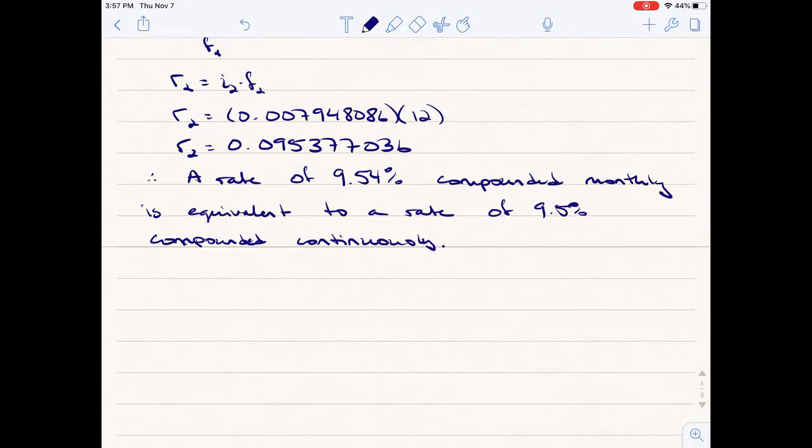So just kind of working with moving between different compounding frequencies, right? But like I said, the main player out of all these top 5 formulas is going to be I2 is 1 plus I1 to the power of F1 over F2 minus 1. If that's the only one that you focus on, that's fine.